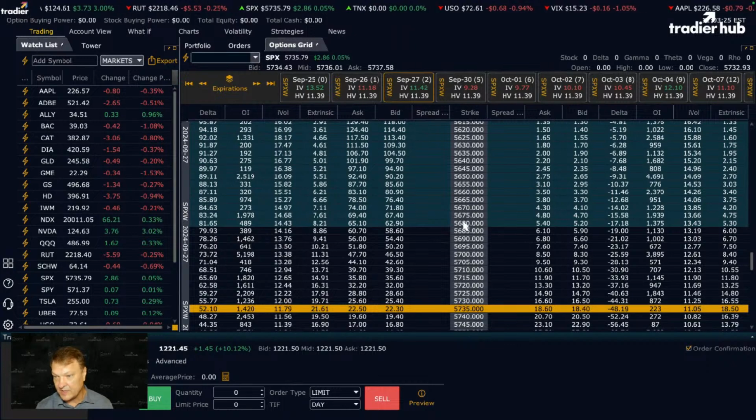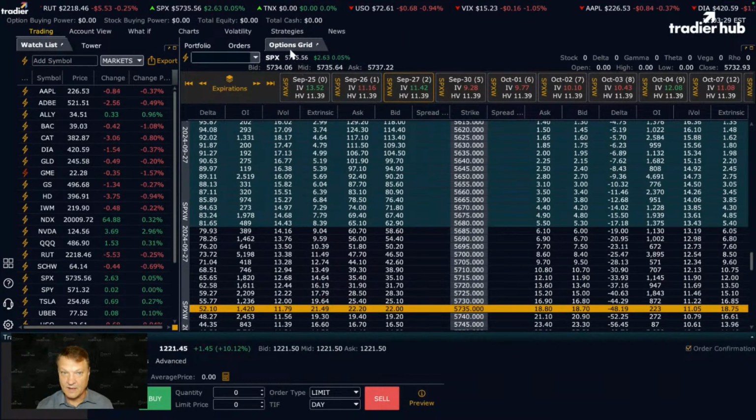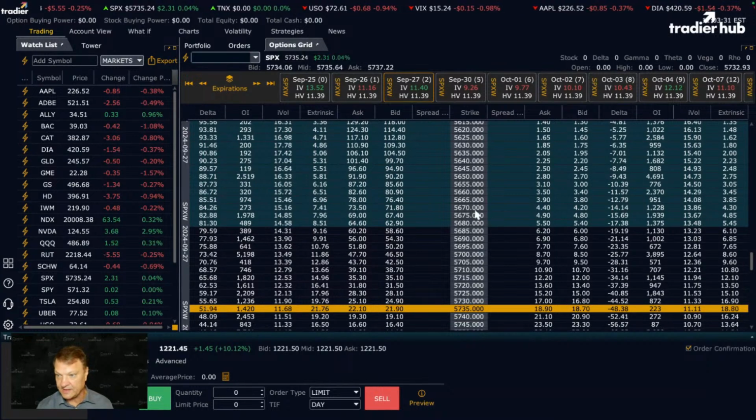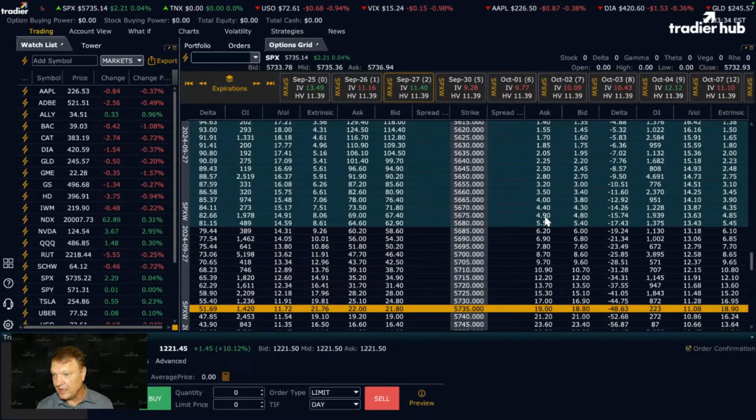We are actually one standard deviation away, which is kind of nice, that the options grid actually highlights that one standard deviation move. And here is the position that we are currently in.